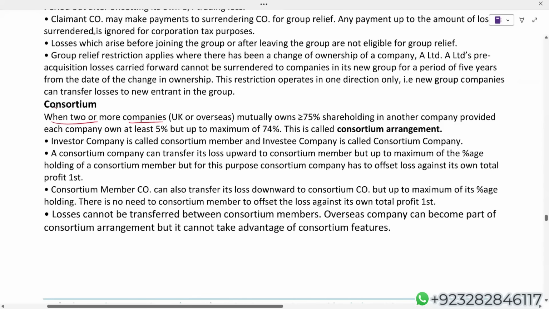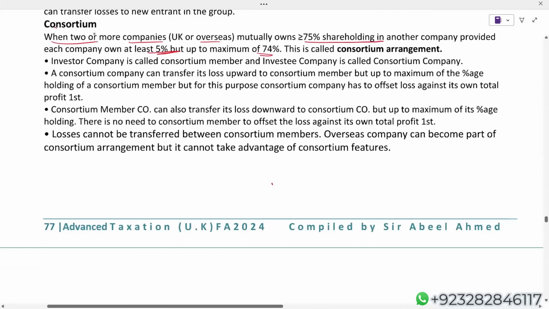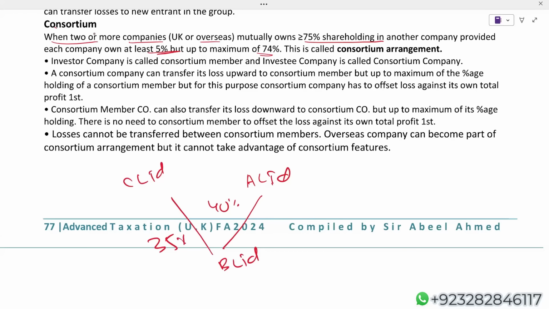When two or more companies, UK or overseas, mutually own 75% shareholding in another company, provided each company owns at least 5% but a maximum of 74%. For example, we have A Limited having 40% holding in B Limited. We have C Limited having 35% holding in B Limited.